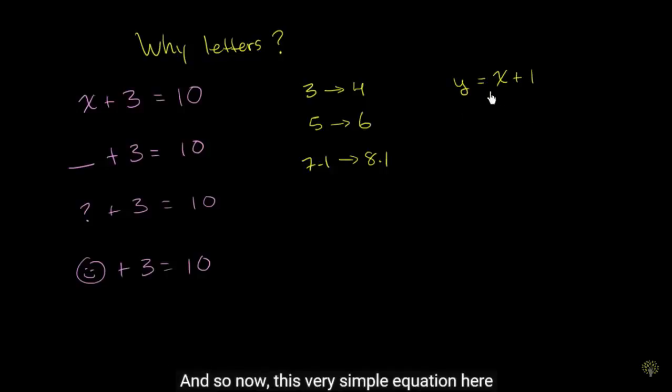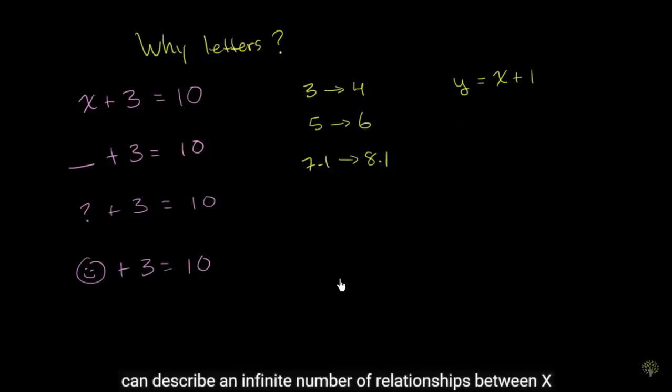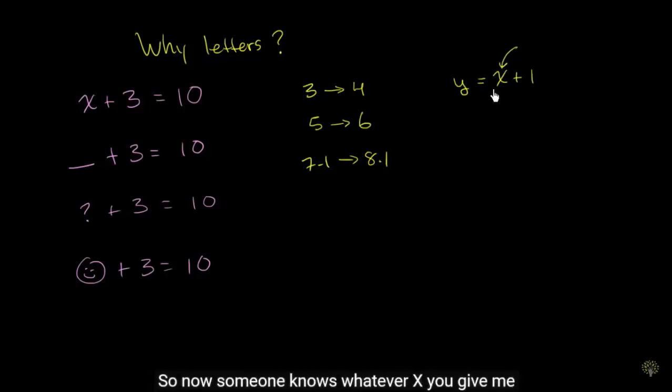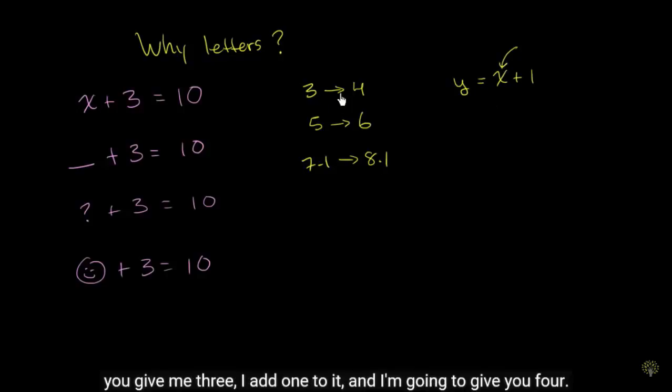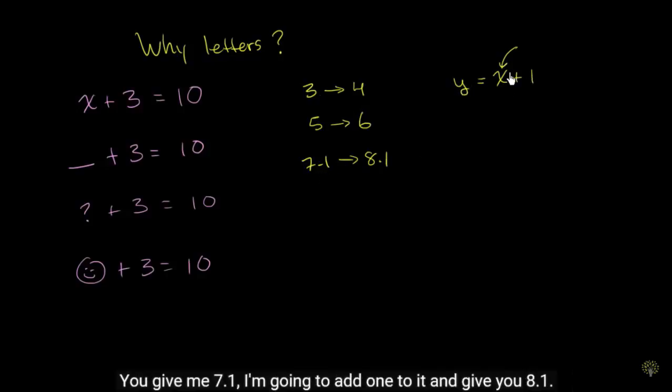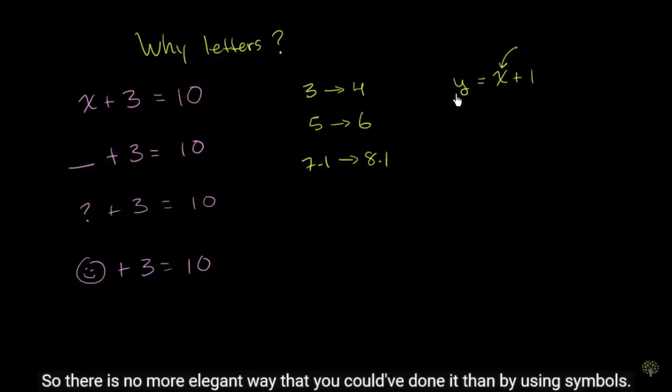And so now this very simple equation here can describe an infinite number of corresponding Y's and X's. So now someone knows, hey, whatever X you give me, say 3, I add 1 to it, and I'm going to give you 4. You give me 7.1, I'm going to add 1 to it and give you 8.1. And there's no more elegant way that you could have done it than using symbols.